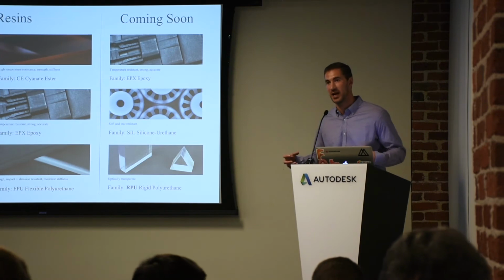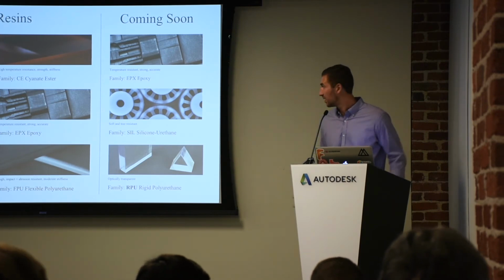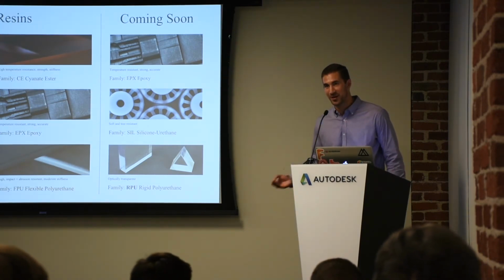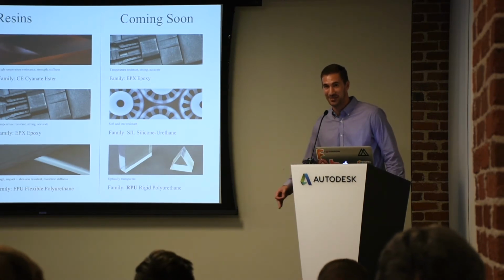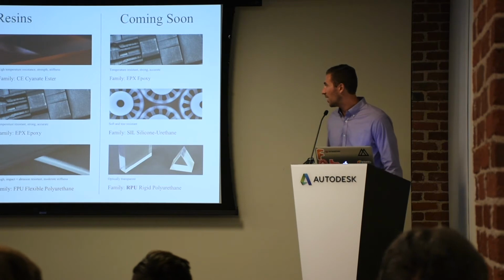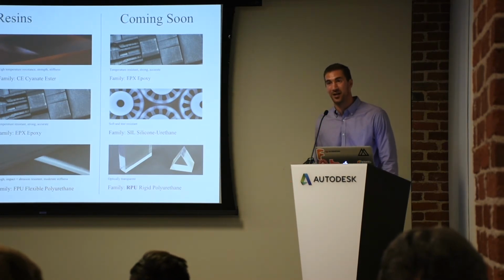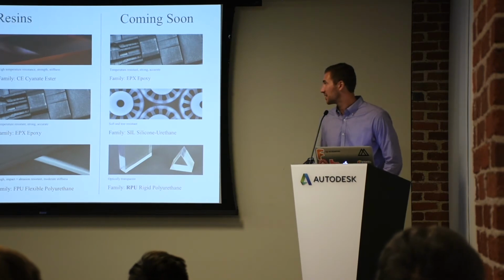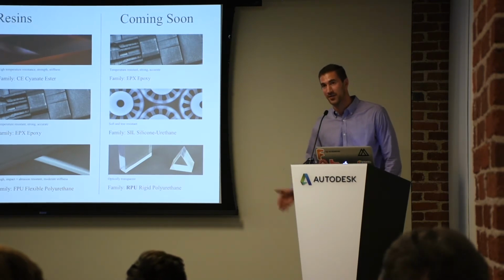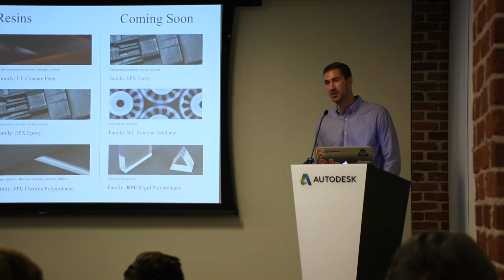It's highly elastic, but it's still a rigid plastic. Rigid polyurethane, I know this is overused by the 3D printing world, but it is pretty similar to ABS in properties. The epoxy is similar to a low glass-filled nylon or PBT or something like that. The cyanate ester may be a slightly higher glass-filled engineering grade polymer.